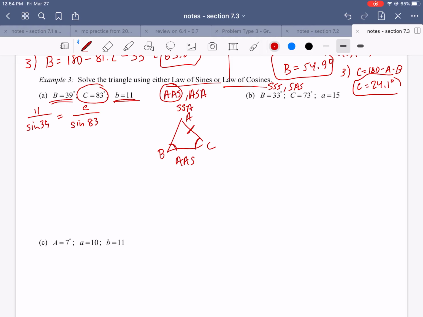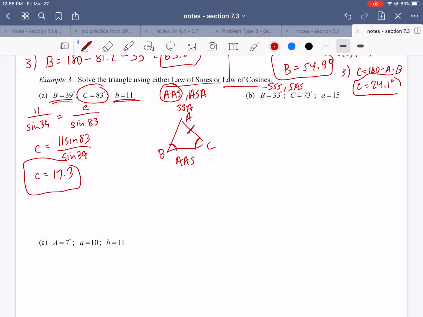Okay, from last class, remember that we're supposed to cross multiply and divide here. And so what you should end up with is 11 sine of 83 divided by the sine of 39. And so little c is going to equal, in this case, 17.3 if I round to the nearest tenth.